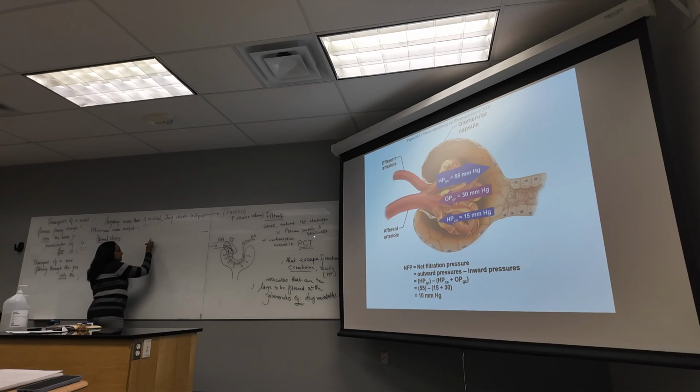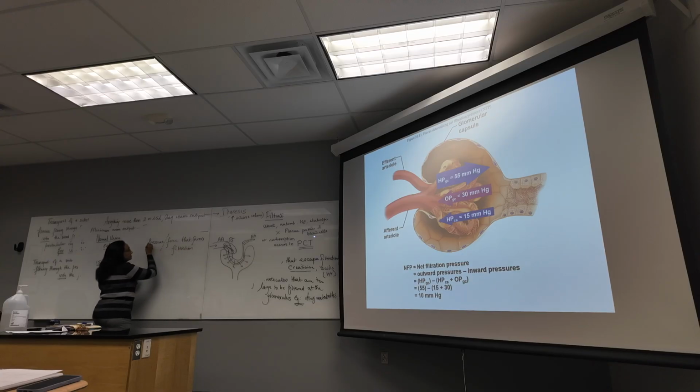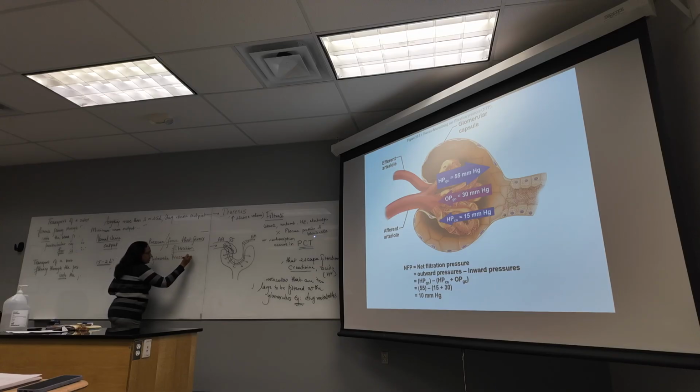So the pressure or force that favors filtration, that allows filtration, is the hydrostatic pressure in the glomerular capillaries, which is about 55 to 60 millimeters of mercury.